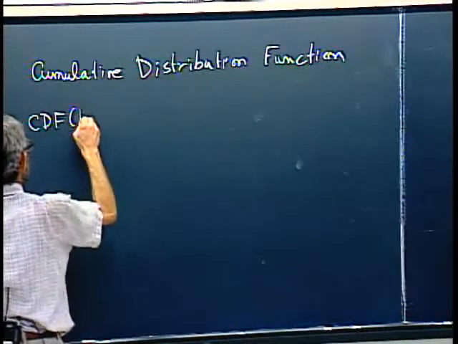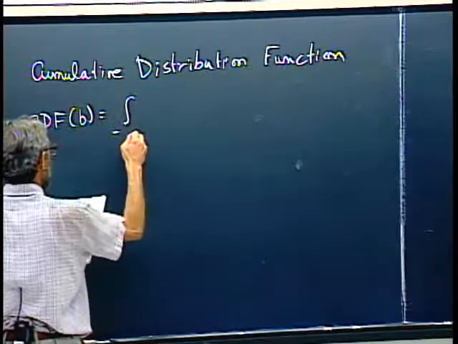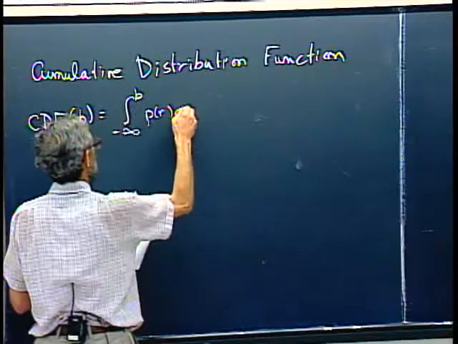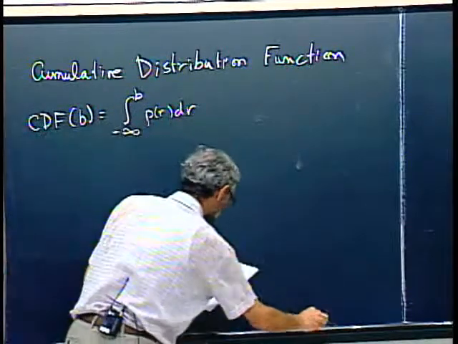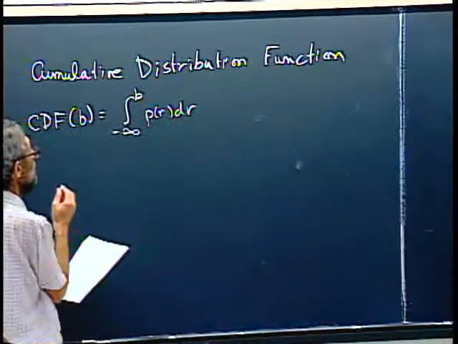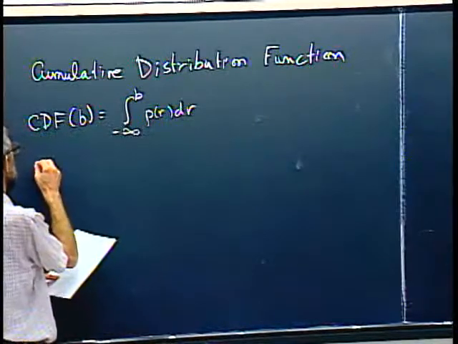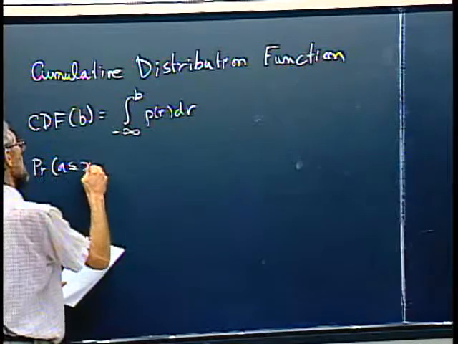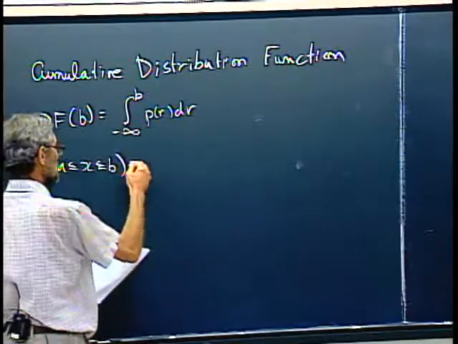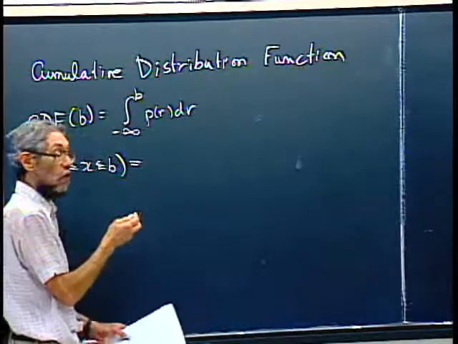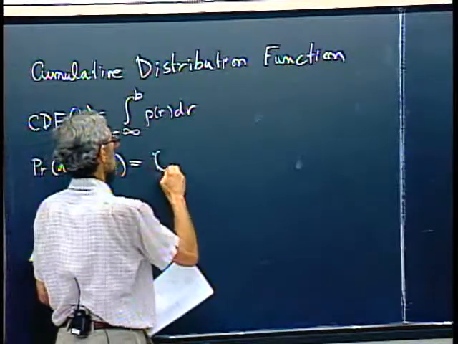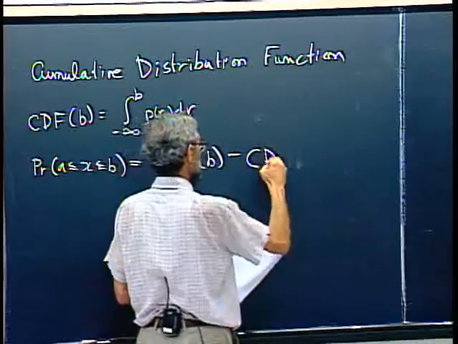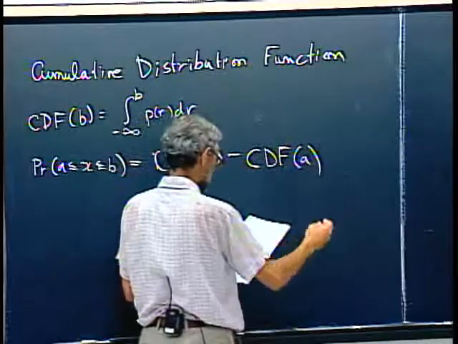The CDF of some number b is the integral from minus infinity to b of the probability density p(r) dr. And the usefulness of that is if you have that one cumulative distribution function, then you can have the probability that x is between a and b as just the difference of this indefinite integral, the cumulative distribution function of b, minus the cumulative distribution function of a.